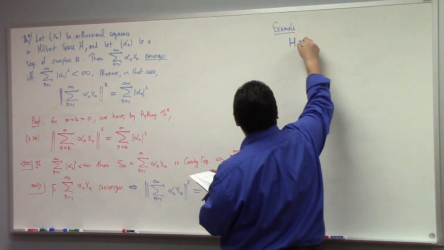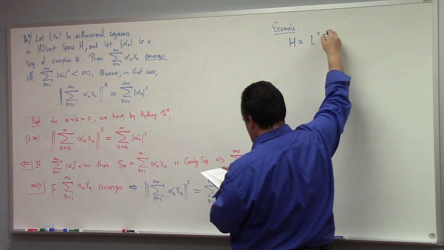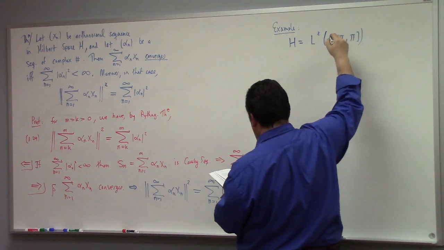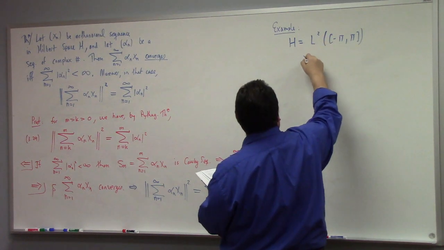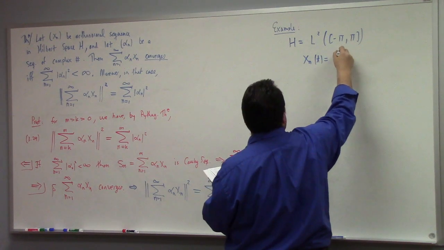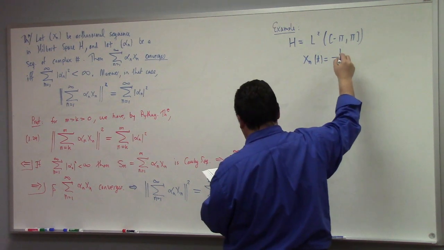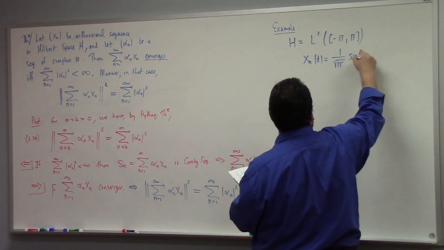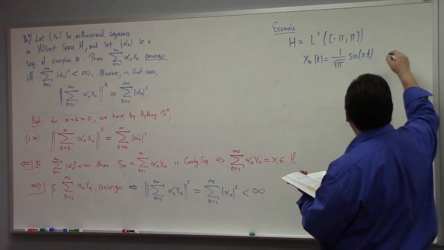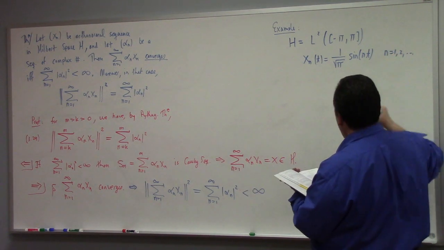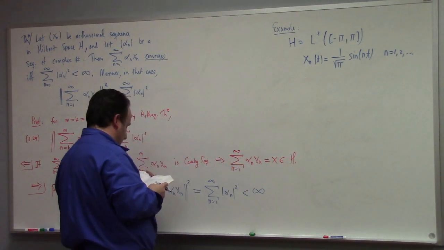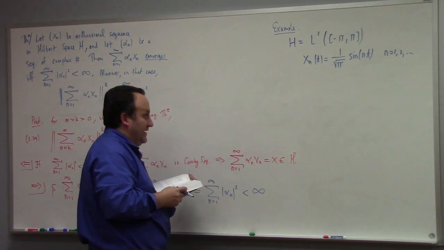He's looking at the Hilbert space of square integrable functions on minus pi to pi, and he's letting x_n of t equal 1 over square root of pi times sine of nt, n equals 1 to infinity. He says that this sequence is an orthonormal set in H.